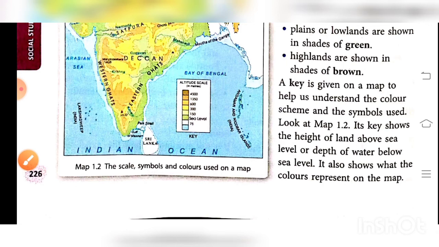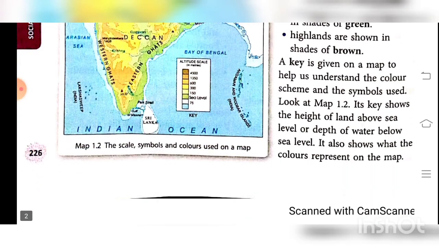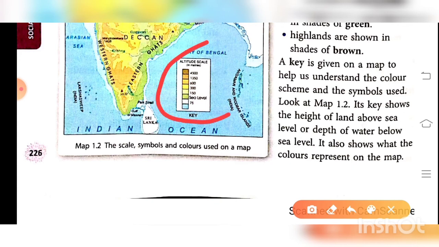A key is given on a map to help us understand the color scheme and the symbols used. So students, in the map a key is always given in this place, which helps us to understand the map.